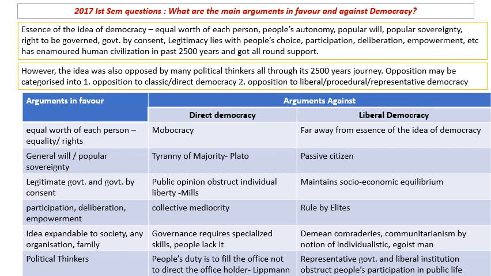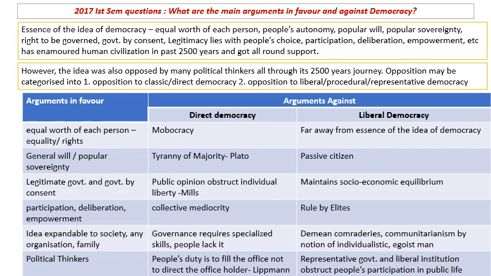In 2017, first semester, the second question was, what are the main arguments in favor and against democracy? If you see the essence of the idea of democracy, it was popular power, or power to the people.